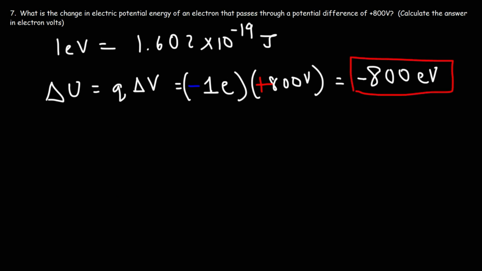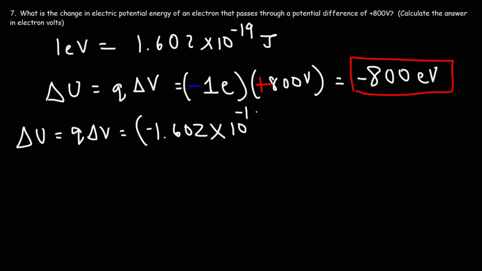Now, for those of you who may be a little confused about that, here's another way in which you can get the answer. Let's use the same formula, and let's use the charge of an electron. One electron has a charge of negative 1.602 times 10 to the negative 19 coulombs. And the potential difference is 800. That's the voltage.